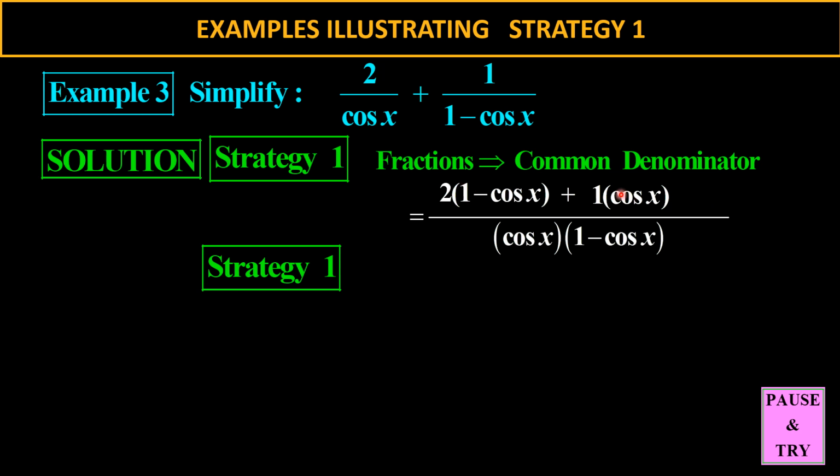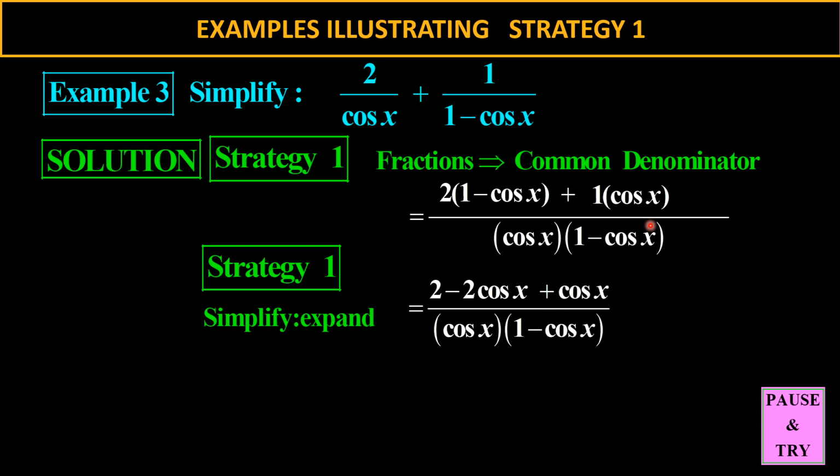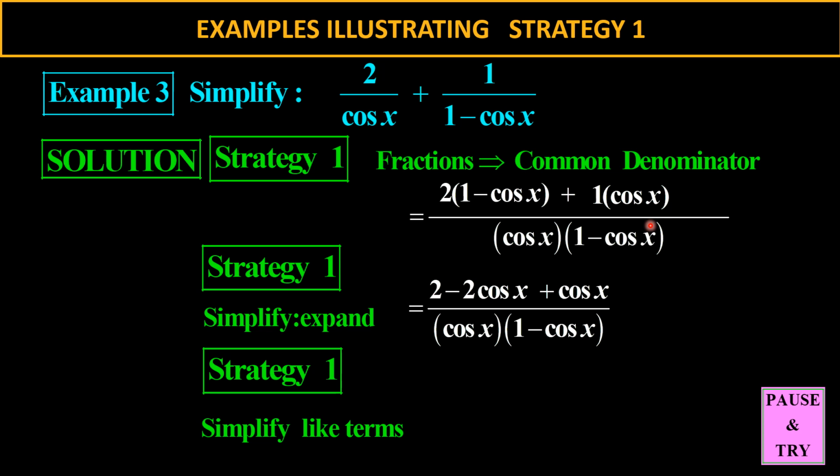So what can we do here? We'll remove the brackets, we expand. So we expand there. 2 minus 2 cos x plus cosine x. Again, you ask yourself, can you simplify now? Yes, they are like terms, the 2 cos x and the cos x. So we can simplify that, and that gives you 2 minus cos x over cos x times 1 minus cos x.